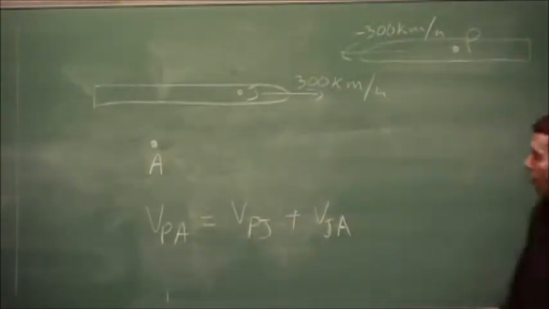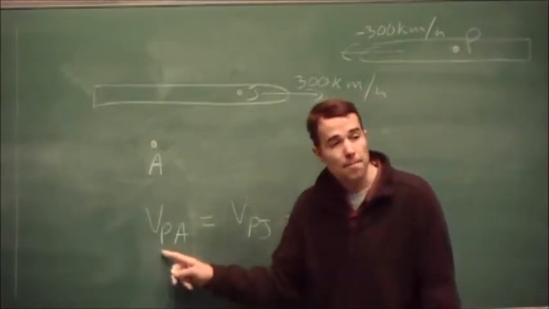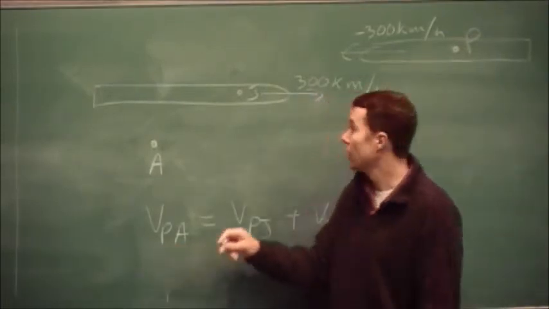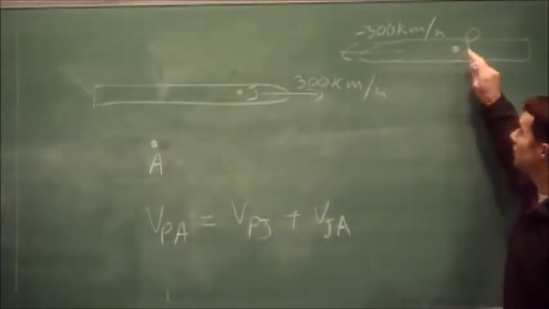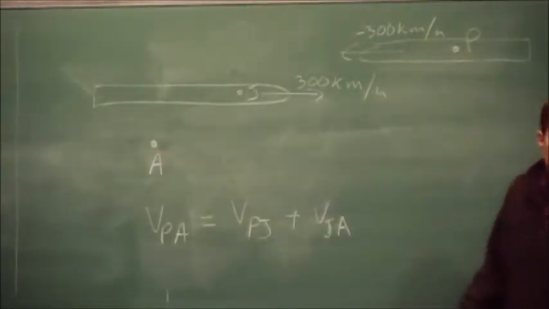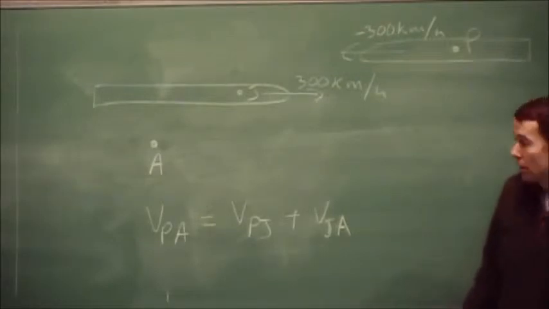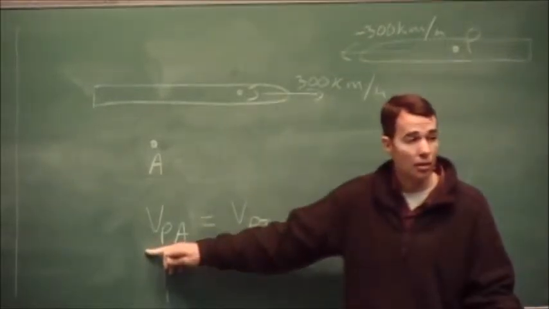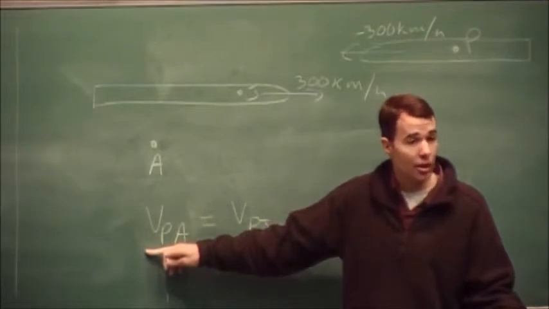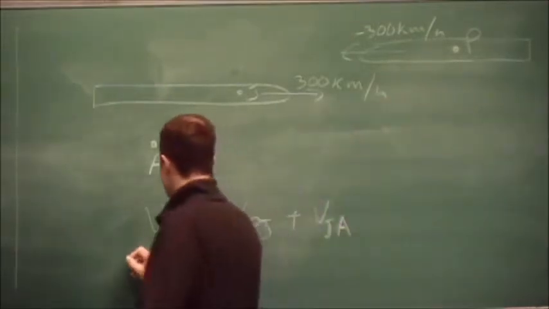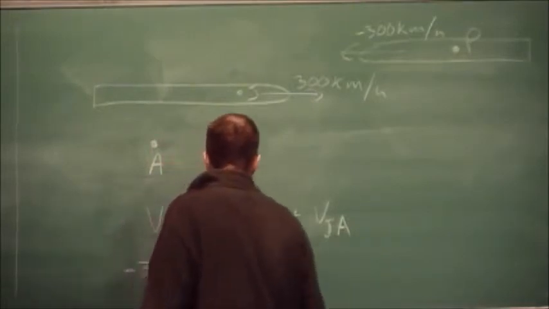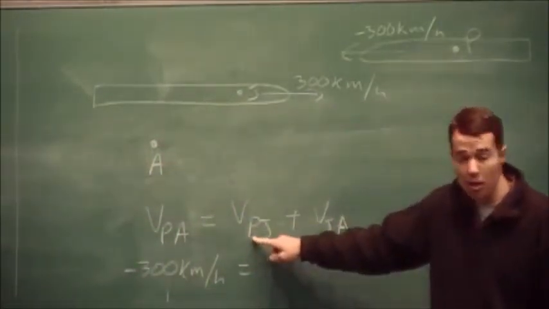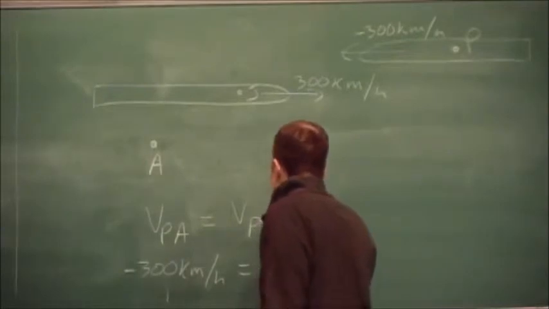Okay? Now, what is VPA? Let me remind you, Alex is observing the velocity of this train. What does he observe? He sees minus 300 kilometers per hour, right? What do I see? Well, I don't know yet. That's what we're trying to find out.